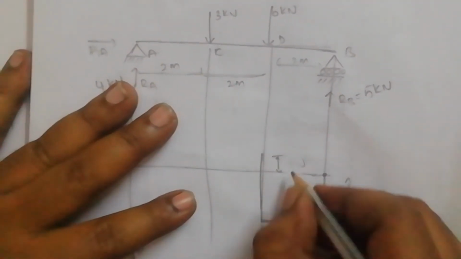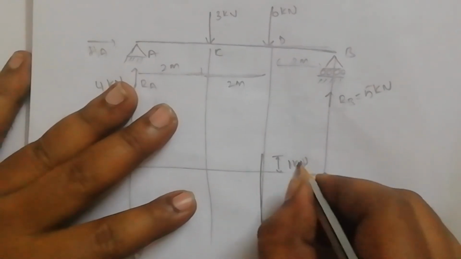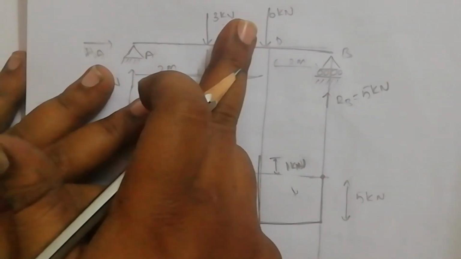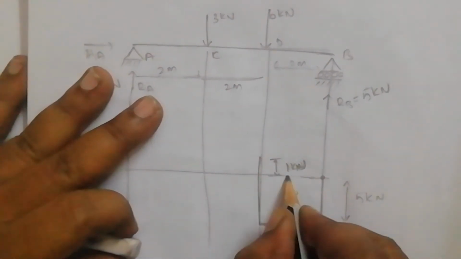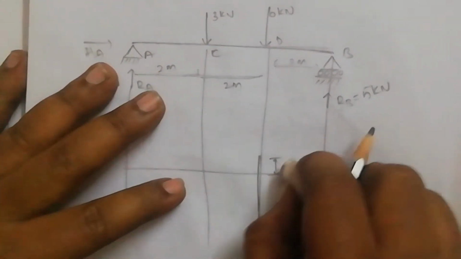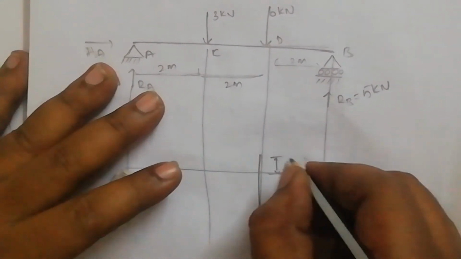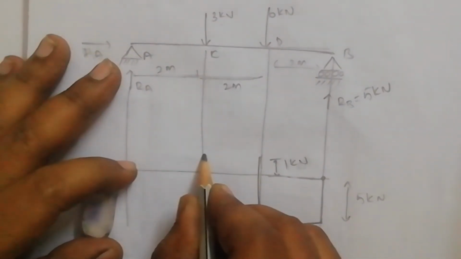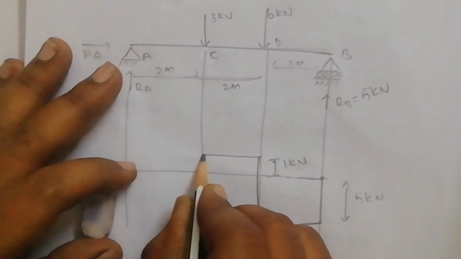The negative 5 is already completed. This is negative 5, positive 6, so we will get positive 1. So this is 1 kilonewton. From here to here there is no change, again we get the same value.